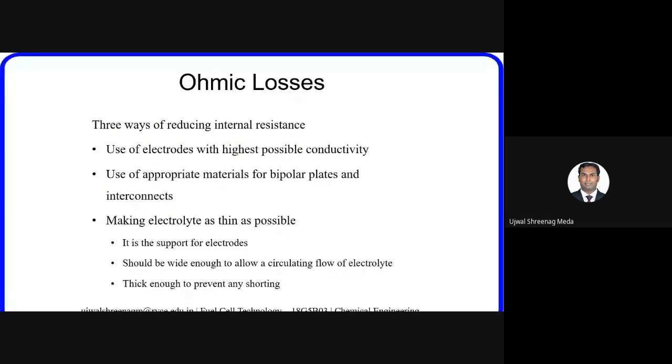That means if the anode comes in contact with the cathode because of a very thin electrolyte, then it becomes an issue. So it should be thin, but at the same time thick enough so that the anode will not come in direct contact with the cathode, leading to short circuit.